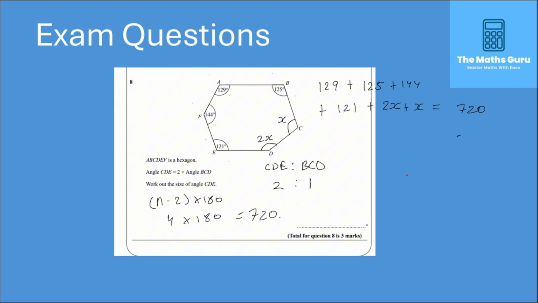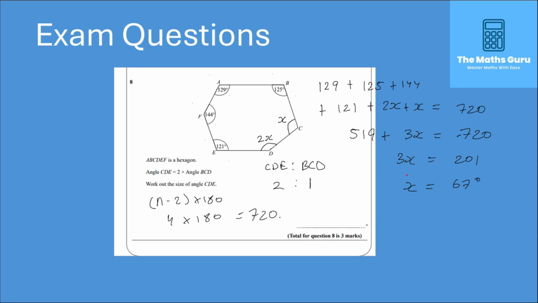Collecting like terms, 129 plus 125 plus 144 plus 121 gives us 519 plus 3x, which is equal to 720. 3x is then equal to 720 minus 519, which gives us 201, which means x is equal to 67 degrees.